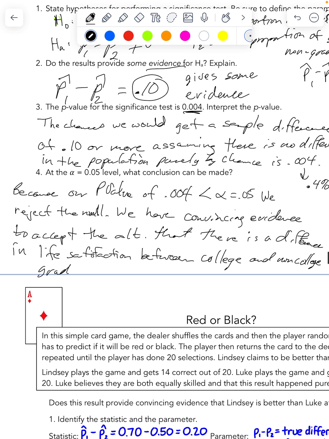Now, this doesn't explain what that difference is, and it doesn't explain what's causing it. We just have shown that we got pretty good evidence that there is a difference.